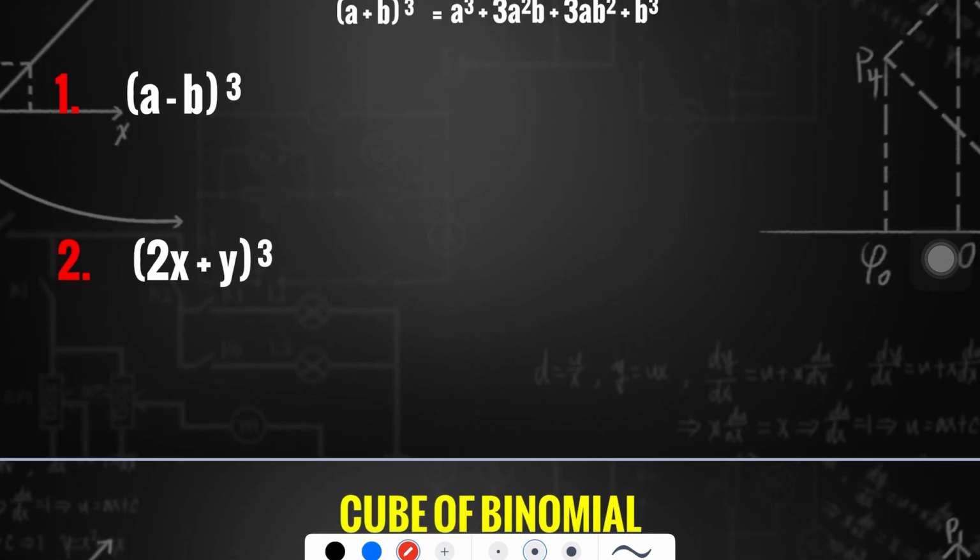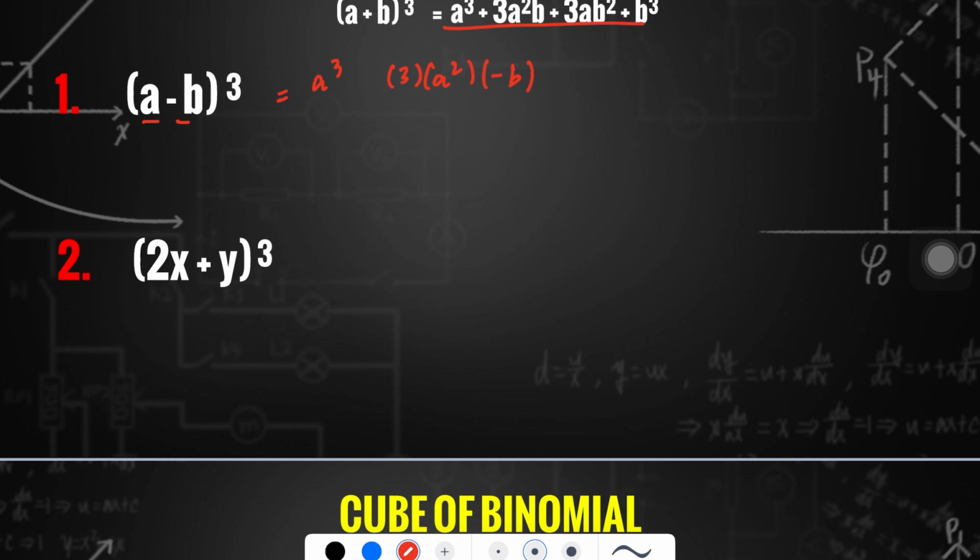It's the quantity a minus b cubed. So let's use this formula here at the top. Let's cube the first term. And then we multiply 3 times the square of the first term, so that's a squared, and then the second term, negative b.